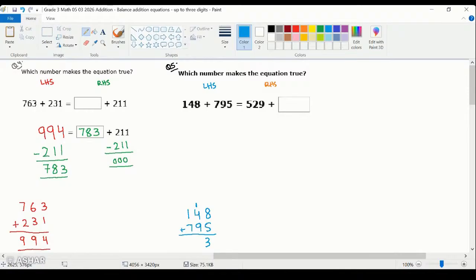How many tens are there? 1 plus 4 is 5, and 5 plus 9 is 14. Or we can say 1 plus 9 is 10, 10 plus 4 is 14. We take 1 to the hundreds. 1 plus 1 is 2, and 2 plus 7 is 9. That means we can say 943 should be equal to this value.